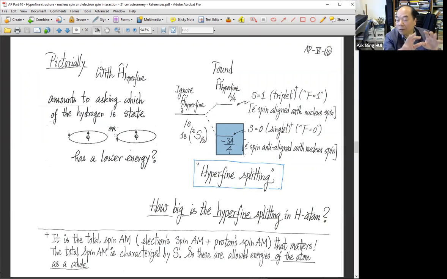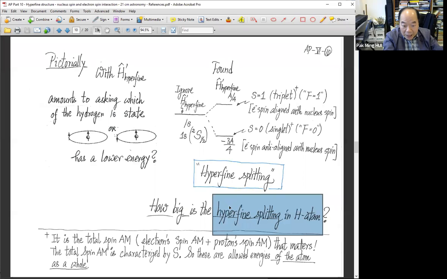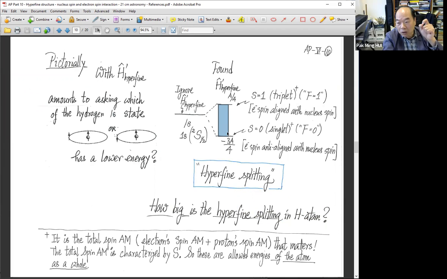Let's go back to quantum for the moment. So here you see what is called the hyperfine splitting in hydrogen atom. It is referring to this particular splitting into two levels of the ground state 1s. Of course, we can carry out the discussion for the higher state, okay?